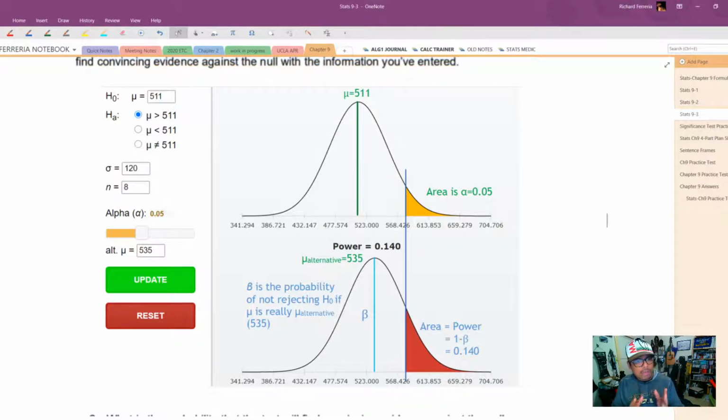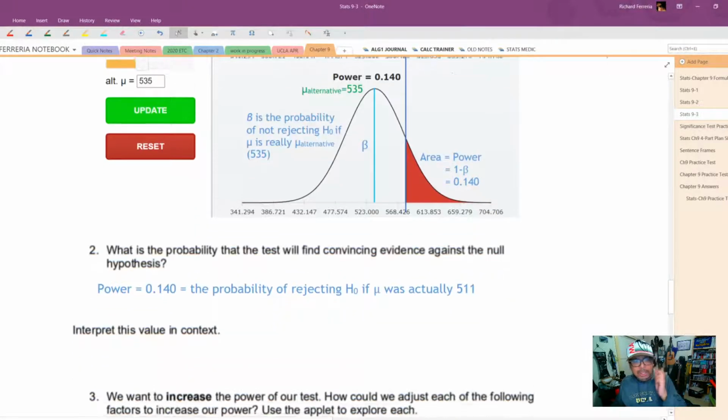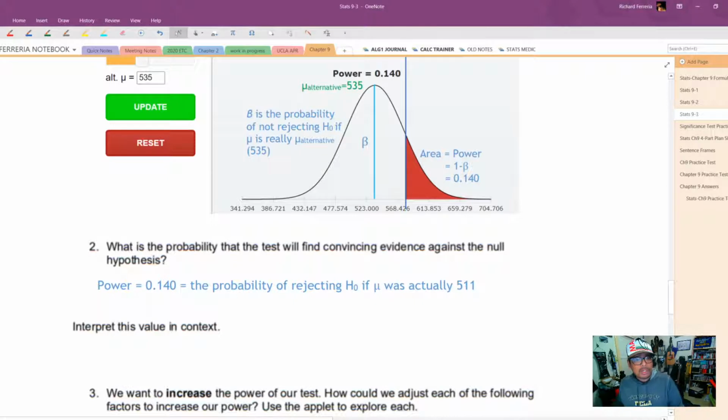So in terms of the AP test, yet again, you're not really going to have to calculate beta, but you will have to know how to interpret beta. So power is 0.14, which is the probability of rejecting the null hypothesis if the mean was actually 535.